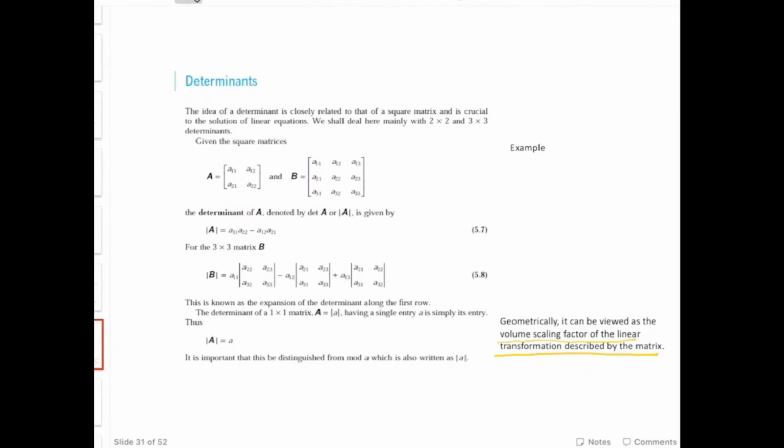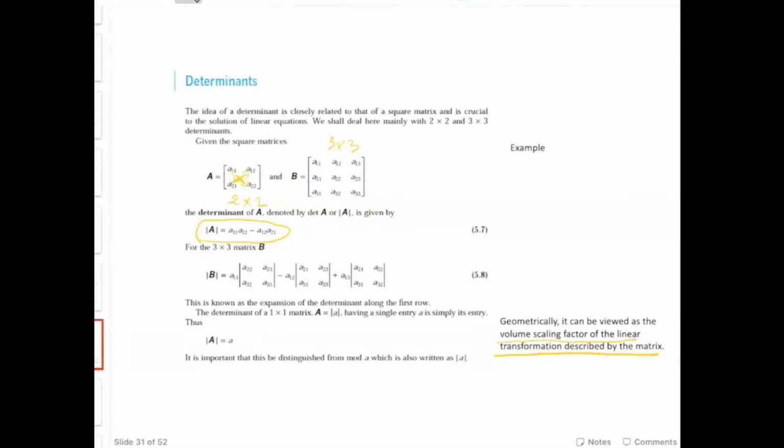So given a square matrix A, 2 times 2 or 3 times 3, the determinant of A can be computed as A11 times A22 minus A12 times A21. Basically, what is going on is that you multiply this way minus multiplication this way.